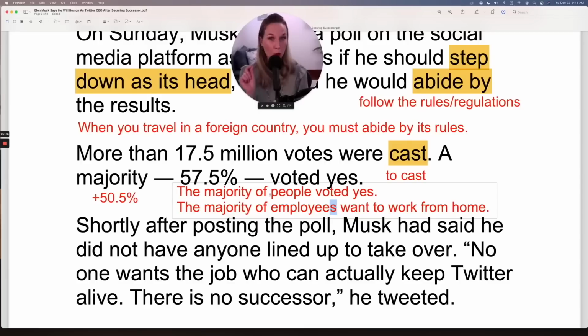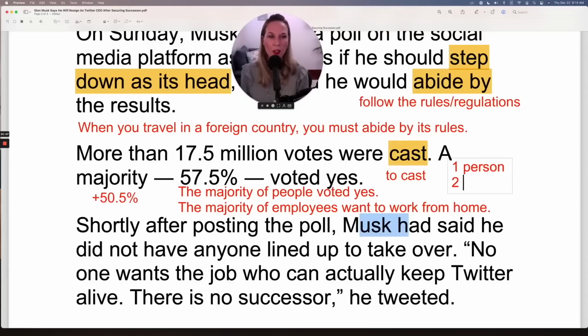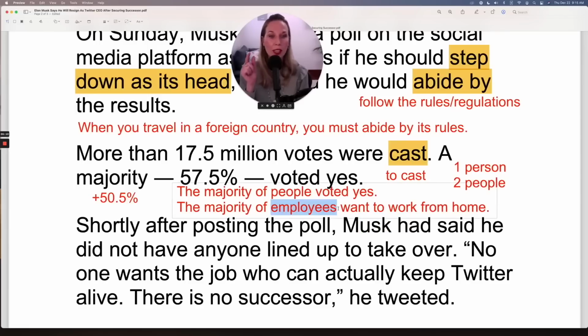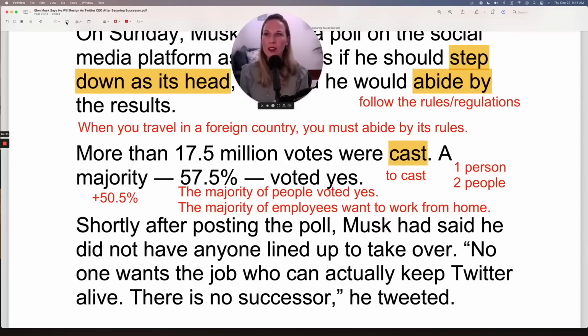People is plural. Person is one. One person, two people. People is plural. Employees has an S, so it's plural. Because if it's the majority, the noun has to be more than one. So that's our sentence structure. I need more space.